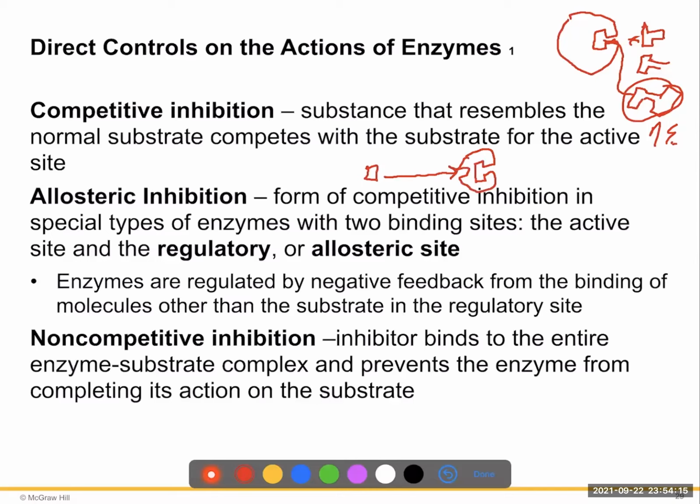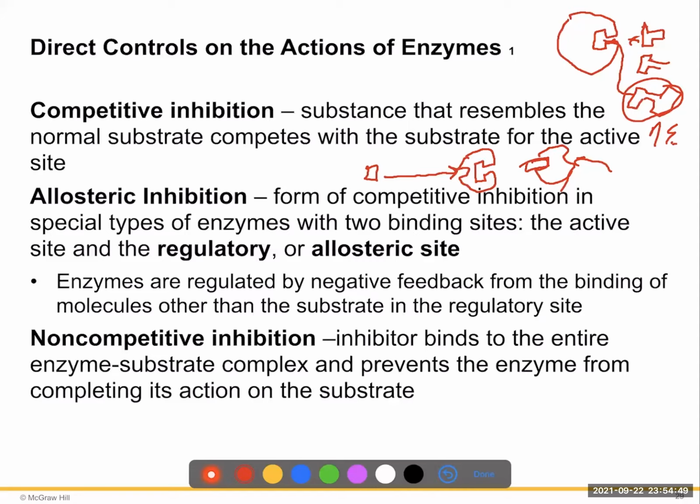So something binds in here, comes across, and it changes the shape of our binding site. So the shape has changed, so the substrate can't fit back into it. So it's changing the shape by something binding at another binding site besides the active site. That's allosteric. That's your allosteric site. It binds with a different one, and when it binds, it changes the shape of the active site, so the substrate can't fit in anymore.